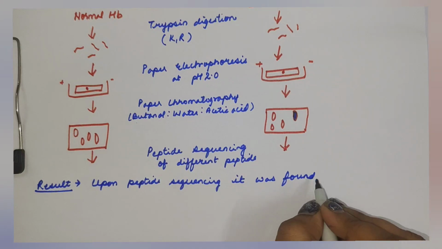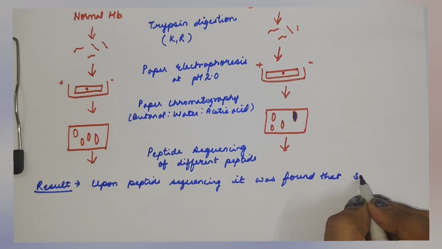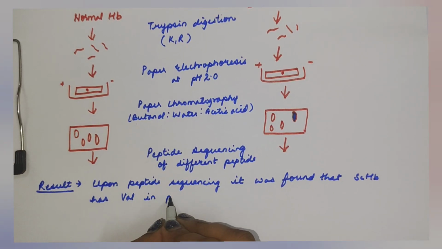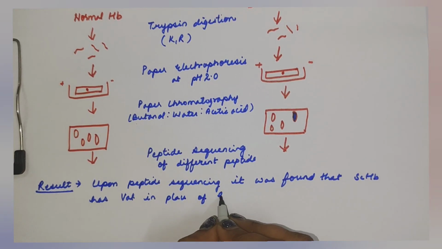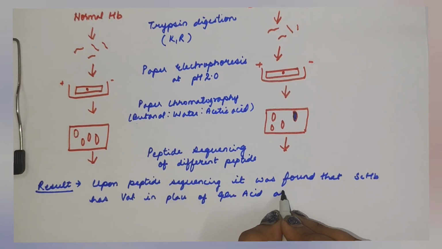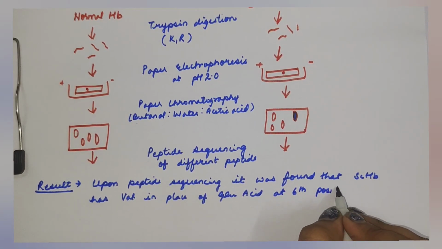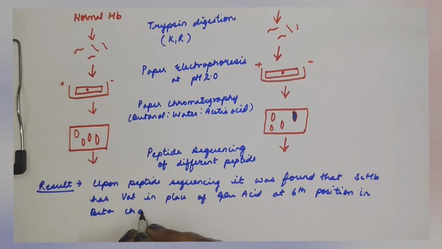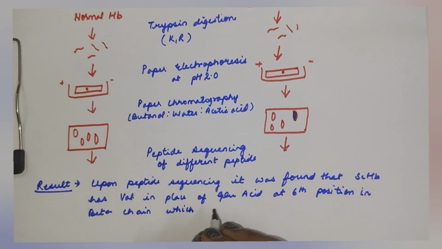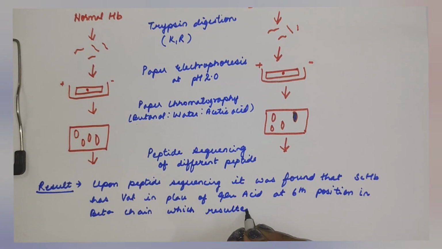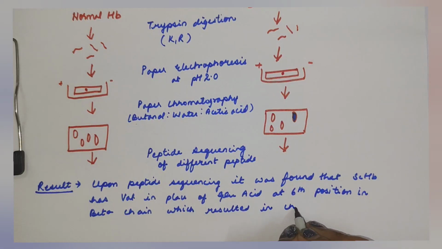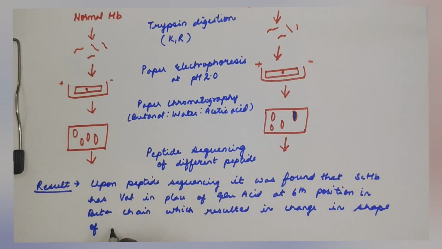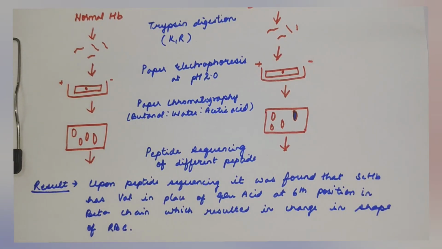After the peptide sequencing of this differential peptide, we found out that there was a substitution of the amino acid valine in place of glutamic acid in the sixth position of the beta chain of the hemoglobin, and therefore this single amino acid substitution resulted in a drastic change in the shape of the RBCs, where its shape changed from biconcave to sickle shaped.